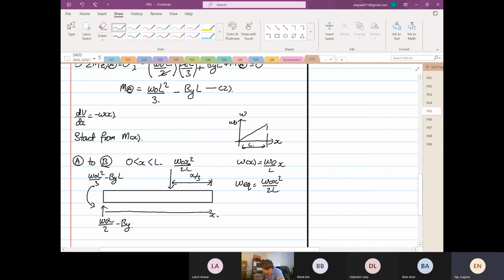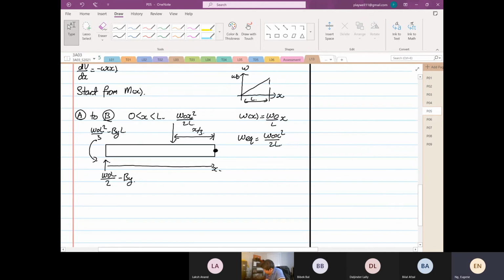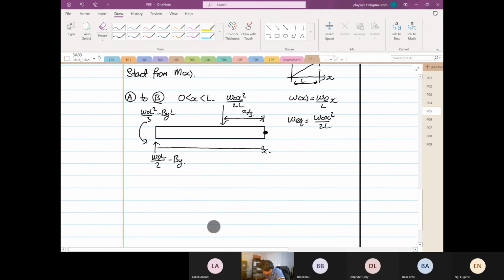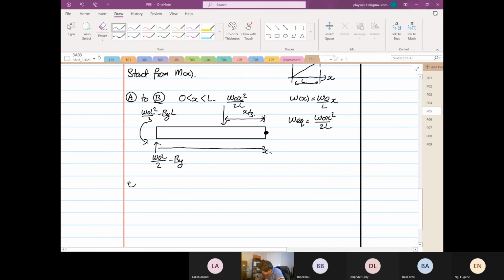So I'm going to take my moment at a certain distance X. This will be equal to the summation of moment in the Z direction about point X is equal to 0.